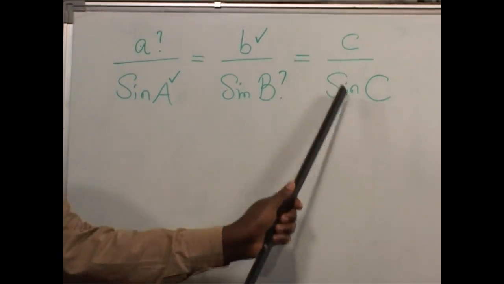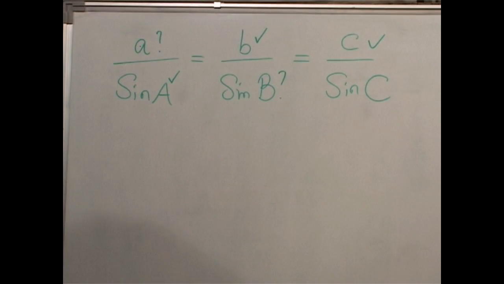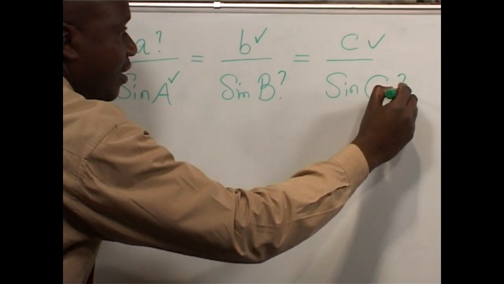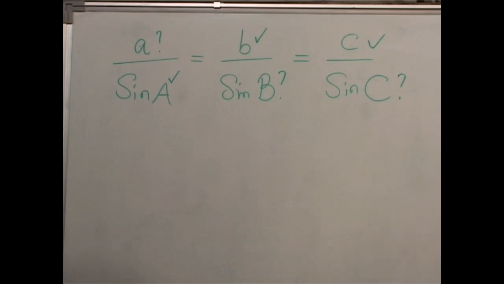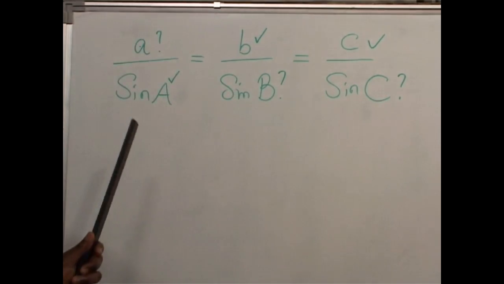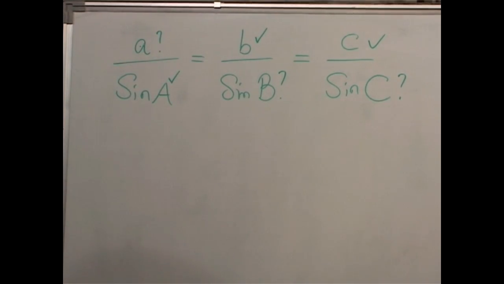Let's check with the other one. The side c is given as 10 centimeters, but the angle at C is not given, meaning it will not be possible also for us to use this and that to find this, because this quantity and that quantity are not known.